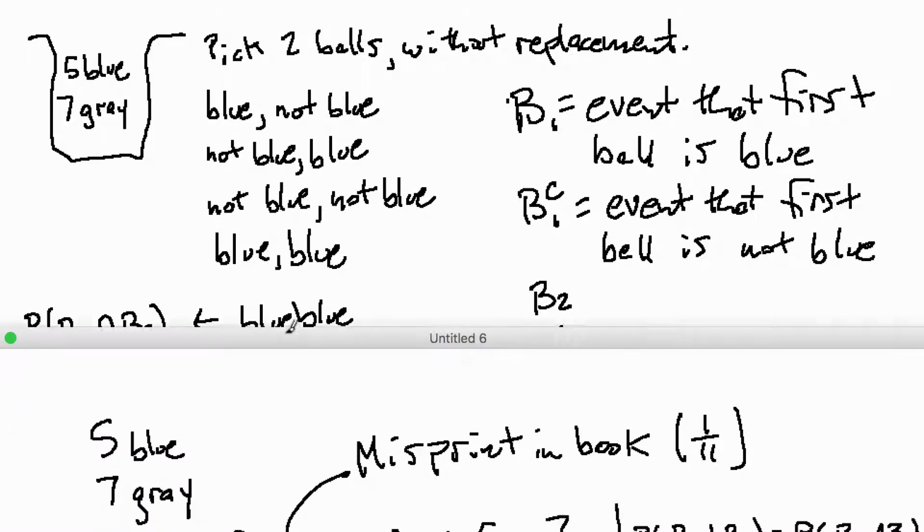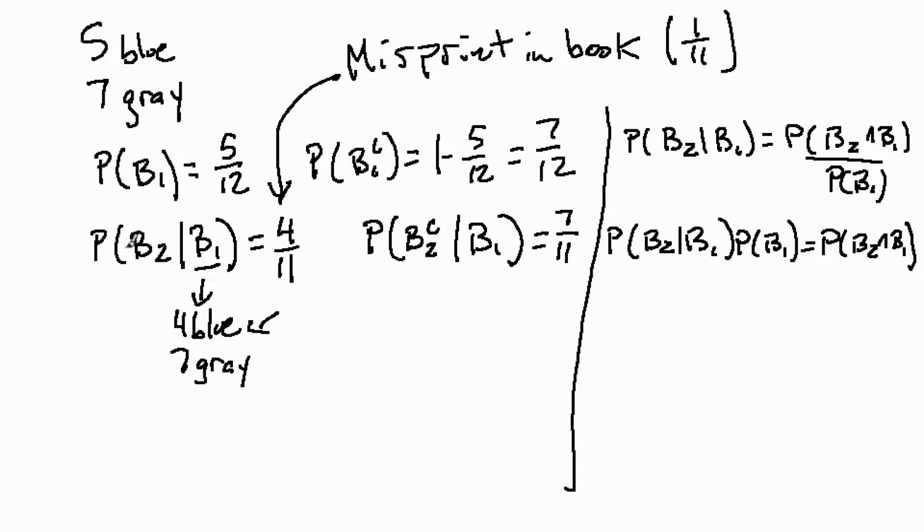So if I wanted to come over here and say, okay, what is the probability of B2 intersection B1? And remember, that would be, what is the probability of drawing a blue ball on the first time and a blue ball on the second time?